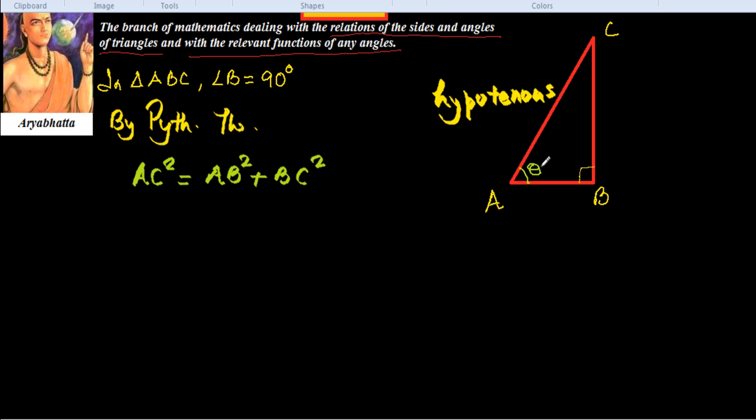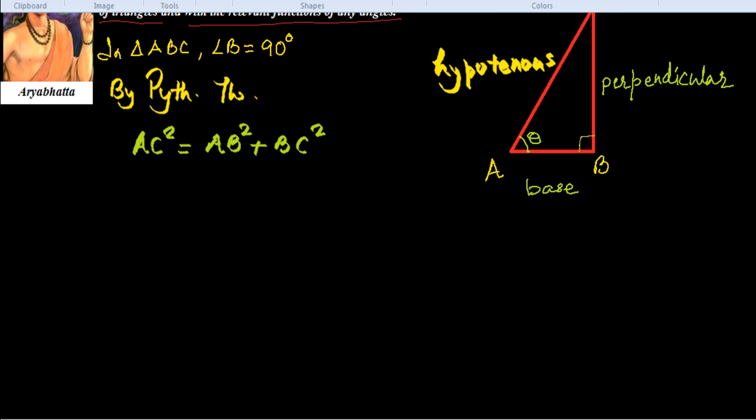The side opposite to the angle is called the perpendicular of theta, and the side on which theta and the 90 degree angle both lie is called the base of the triangle. We denote perpendicular by small p, hypotenuse by small h, and base by small b.